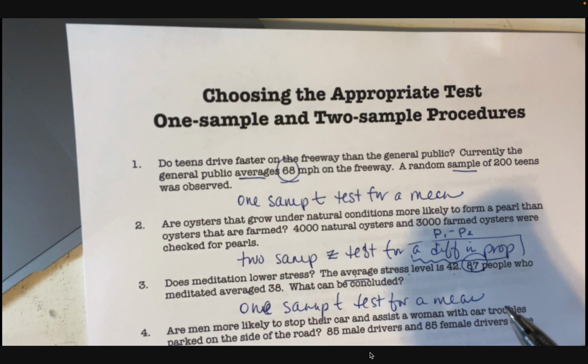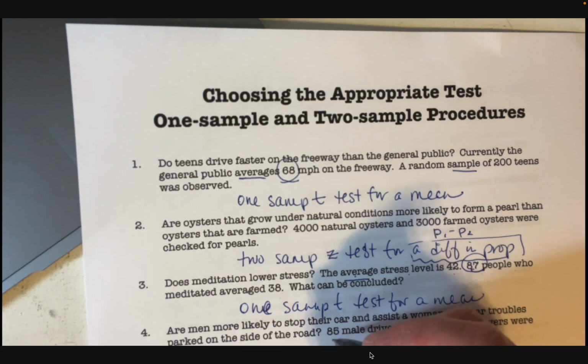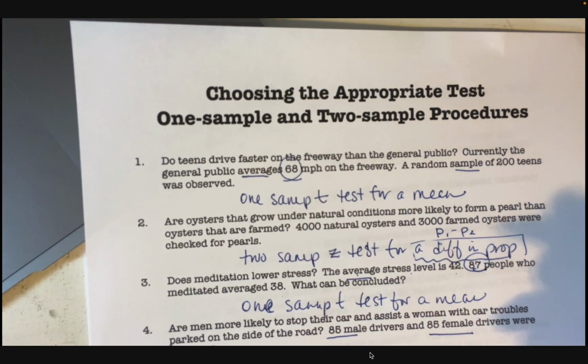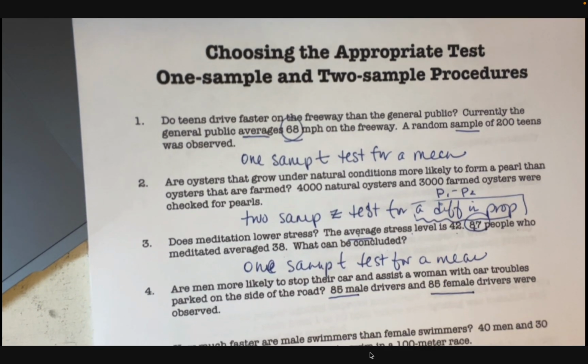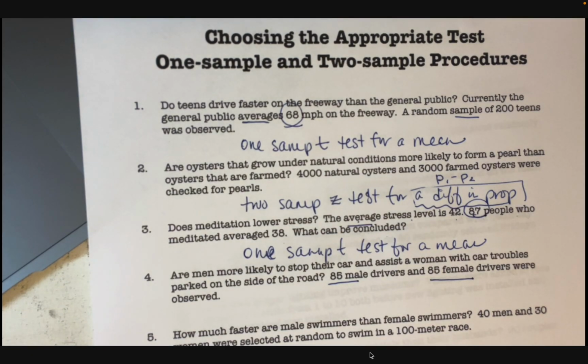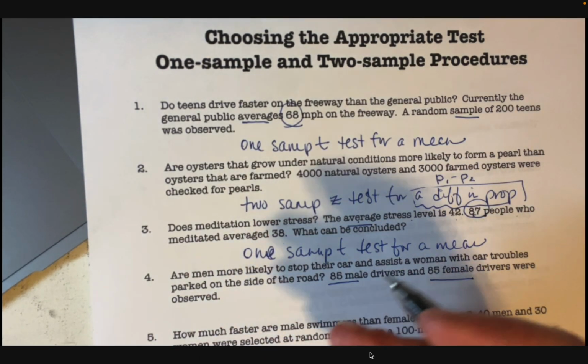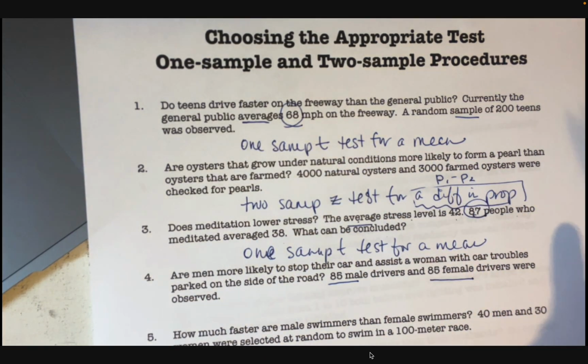Are men more likely to stop their car and assist a woman with car troubles parked on the side of the road? So we have two samples here. We got male drivers and female drivers. They either stop or they don't stop. So it's categorical, so it's a proportion. I'm just going to count how many people are stopping, how many people aren't stopping. So I'm going to compare the two proportions.